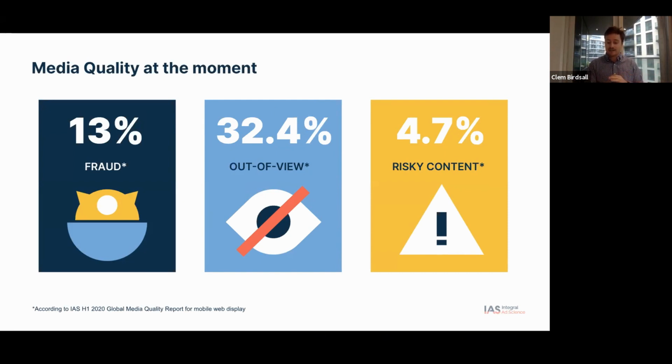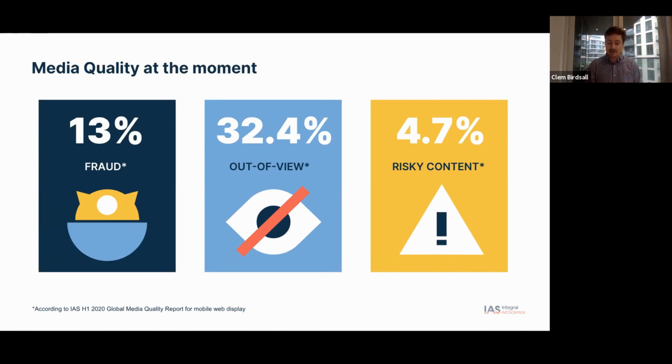Looking at the current landscape, these percentages that you see here are from the first half of 2020, January to June, and it is roughly about 2 trillion impressions that we've measured. These are the rates that we've seen for fraud, ads that are out of view, and risky content as a whole at a macro level across every impression that we've measured.